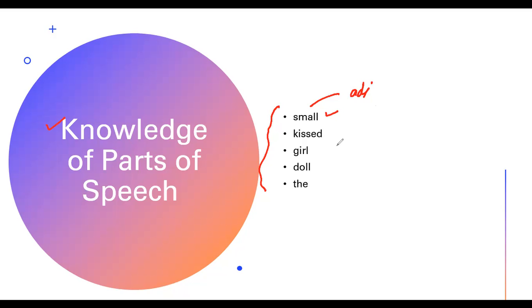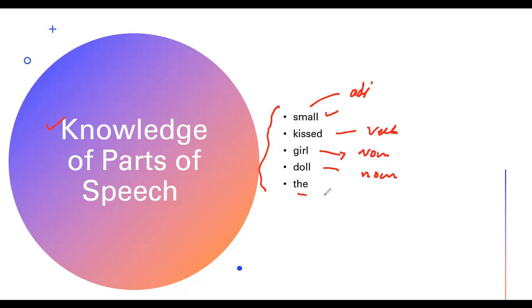Kissed has an action, so it's an action verb. Girl is the name of a person, place, or thing, right? If that's the case, then girl is the name of a person, so it's a common noun. Same goes for doll, it's a noun.